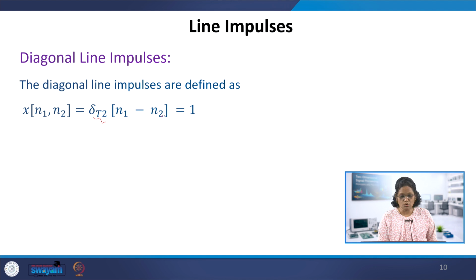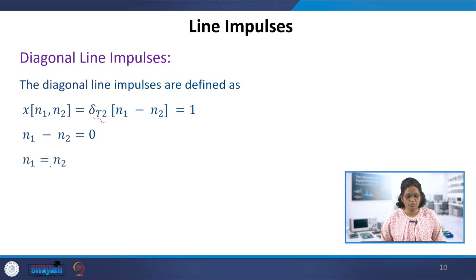It is del of n1 minus n2, which is 1 when n1 minus n2 is 0. What is the relation between n1 and n2 for which the signal exists? n1 equals n2; only for those values would the signal have the value 1.